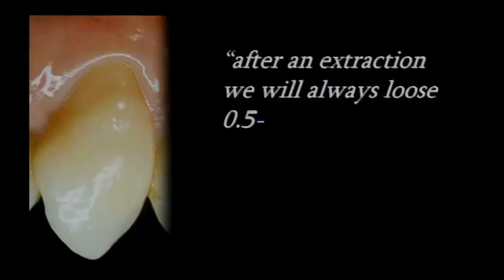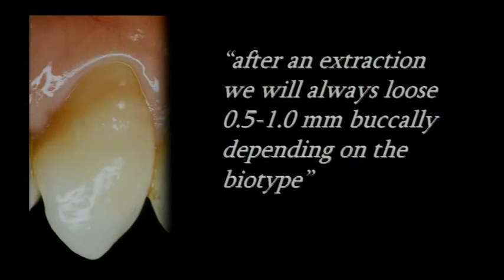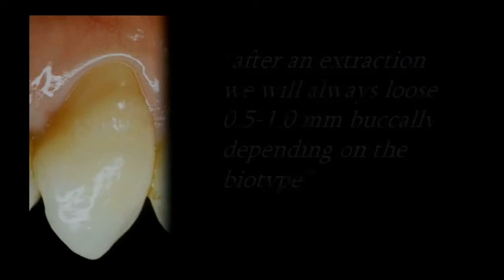What we learned is that after an extraction we will always lose up to 1.5 millimeter, so 0.5 to 1 millimeter of recession is normal because we have a healing wound. And this has to be taken in consideration whenever we do an extraction.